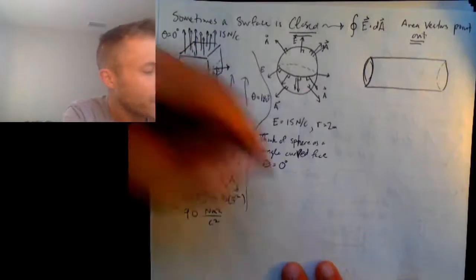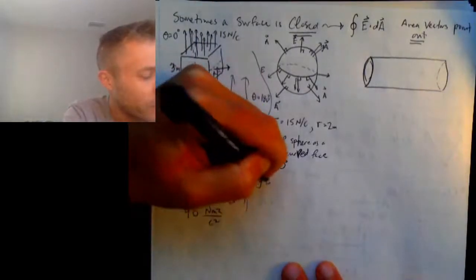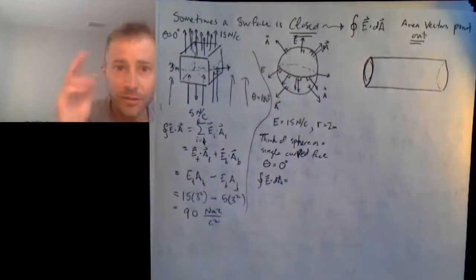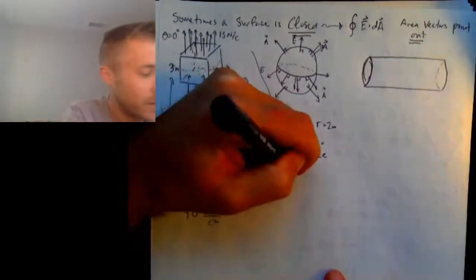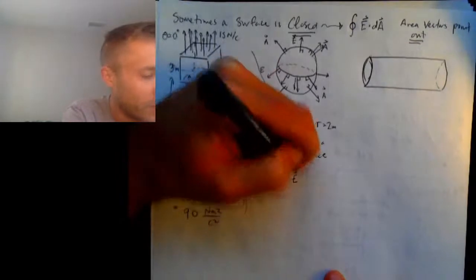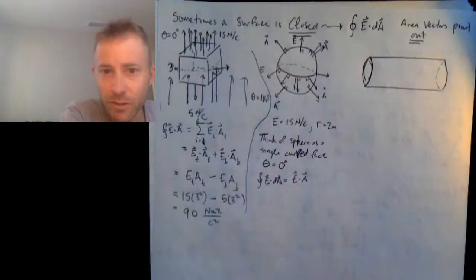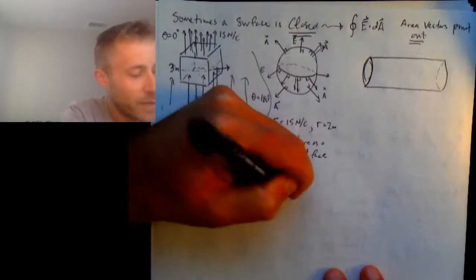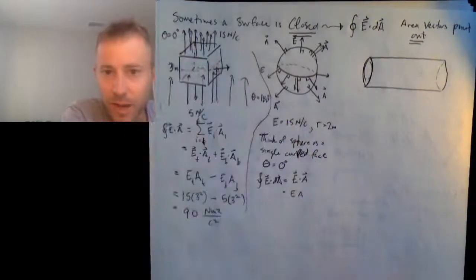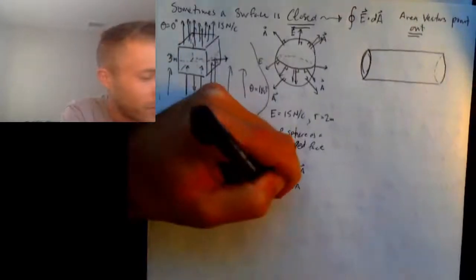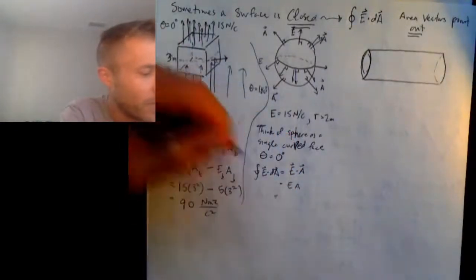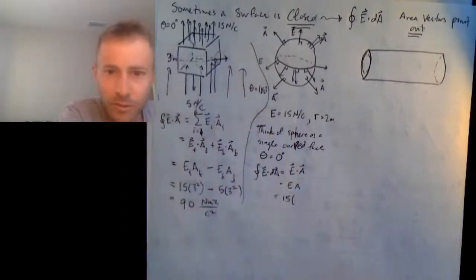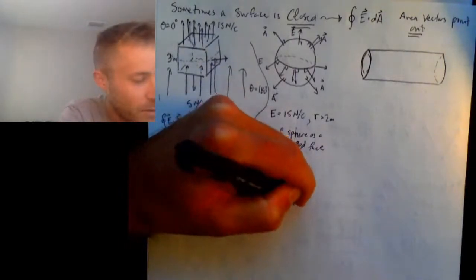So we're going to get that the flux through that surface is just going to be 1 E dot A, because we're thinking of it as a single curved surface. And then the angle is 0, so it's just going to be magnitude of E times magnitude of A. So that is going to be simply 15 times the surface area of the sphere, which is 4 pi r squared.